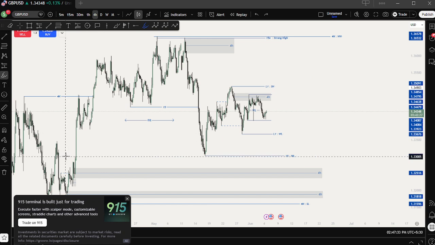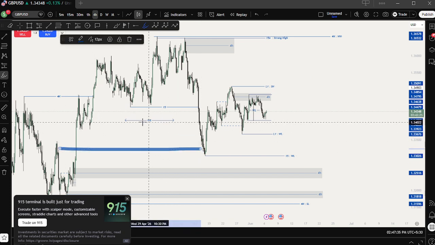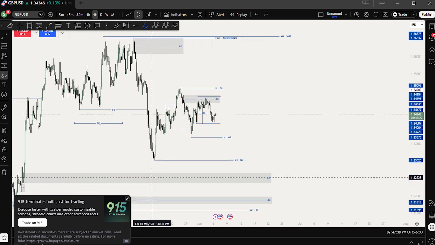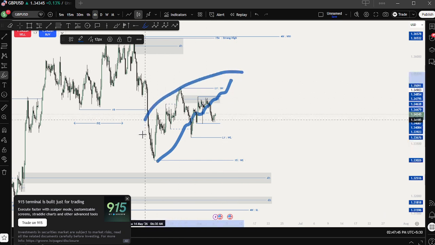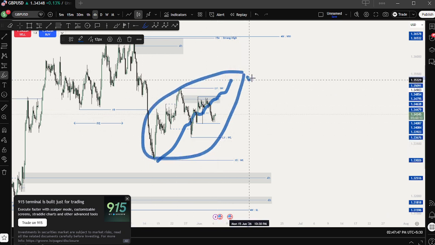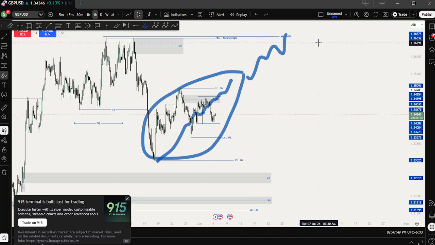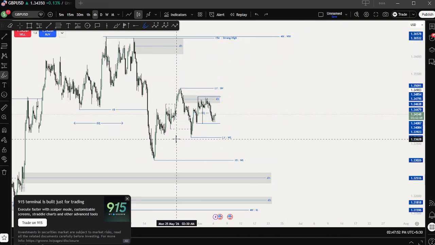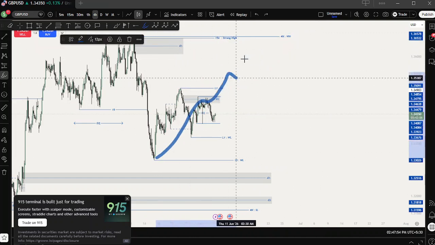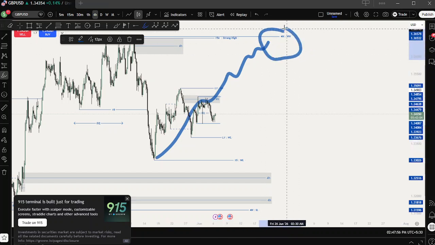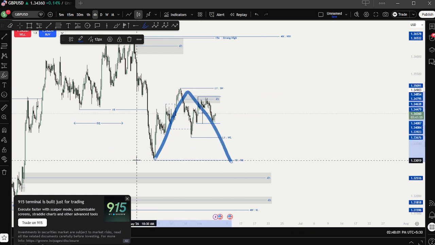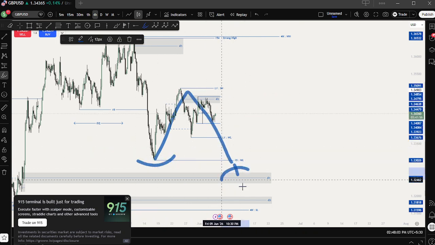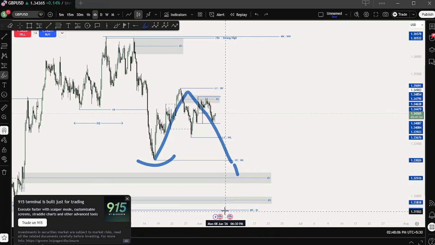But still we mitigated something here and it is below the EQ, so we can expect price to probably have a continuation from here to up here, because that is also a scenario where price just comes and violates this weak high. The second scenario would be price violating this low and coming to mitigate these deeper POIs for further reactions.